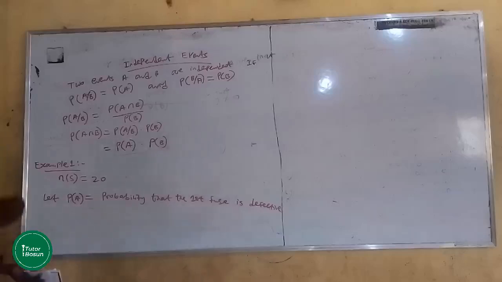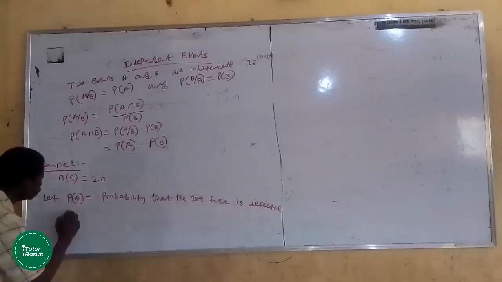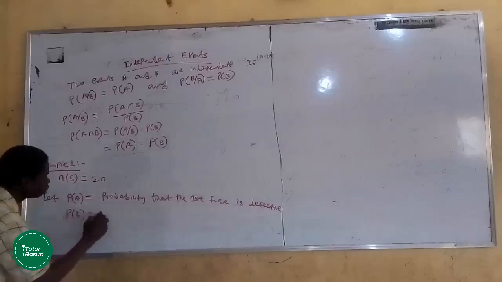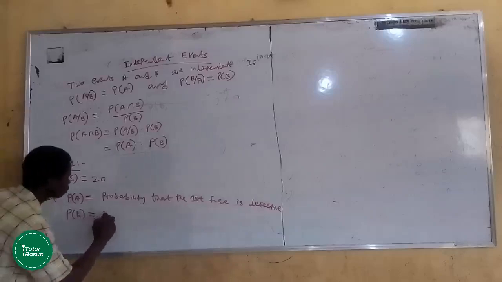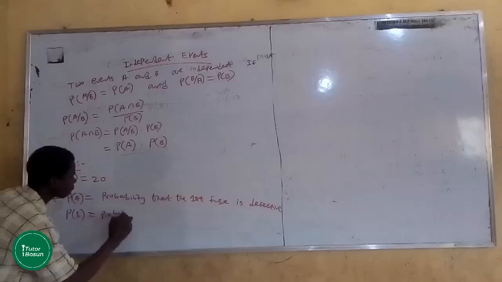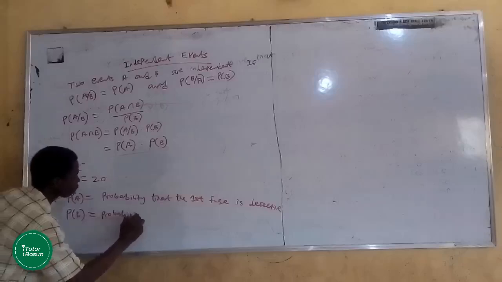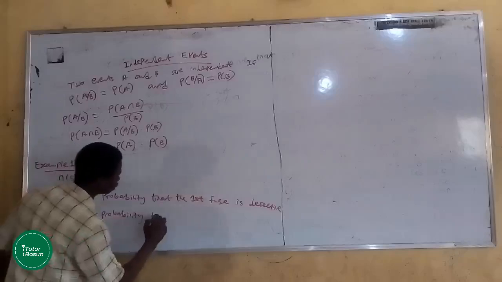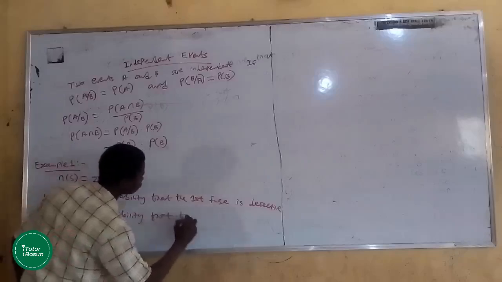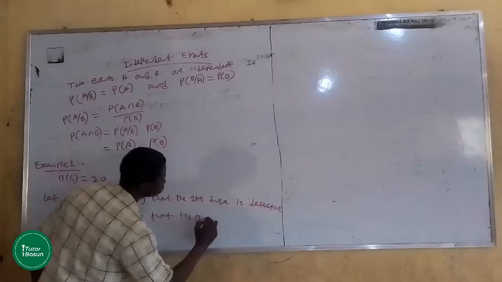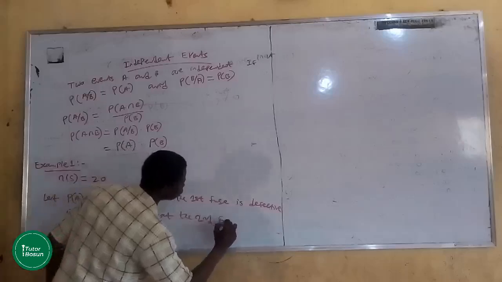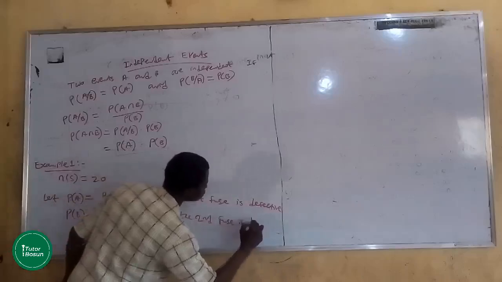And let P of B equal the probability that the second fuse is defective.